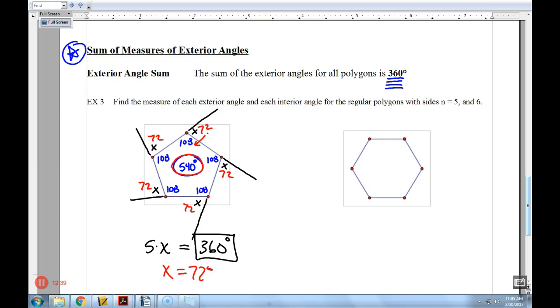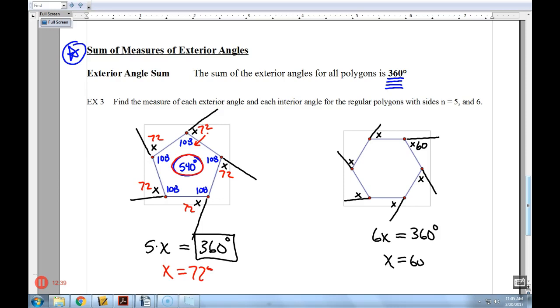So on this particular shape, same thing. I'm going to do an X, an X, an X, X, X, and X. So there are 6 X's, which I know for all shapes are going to be 360. So we can find out these outsides are 60.